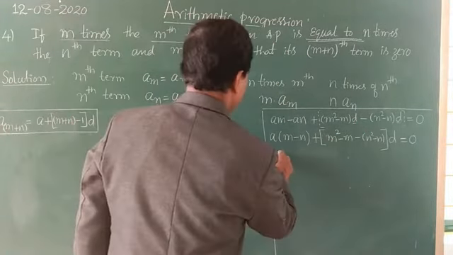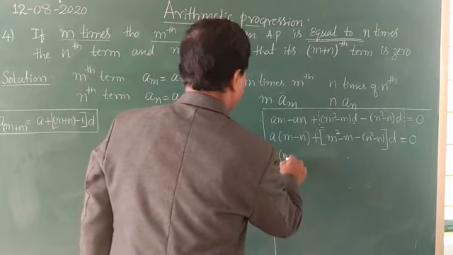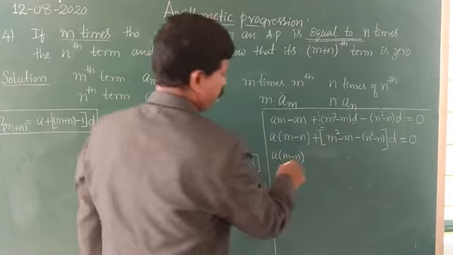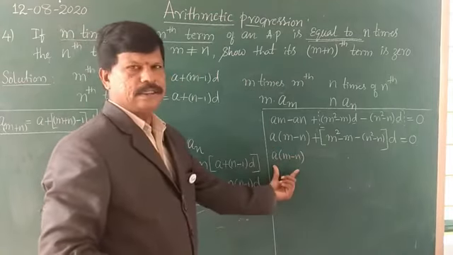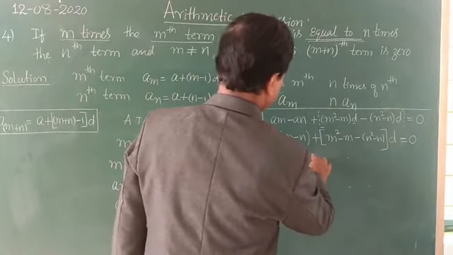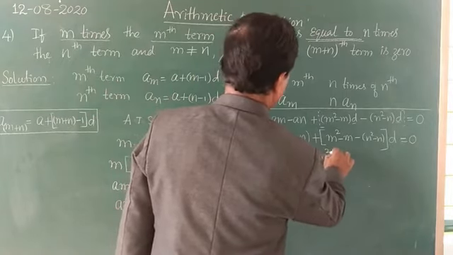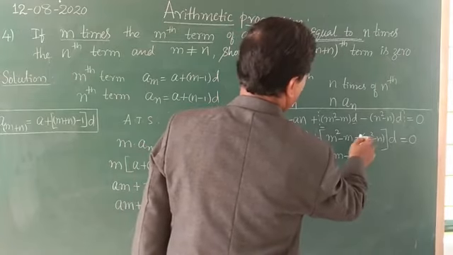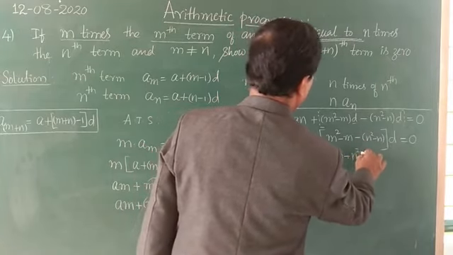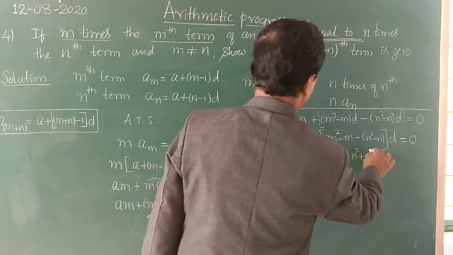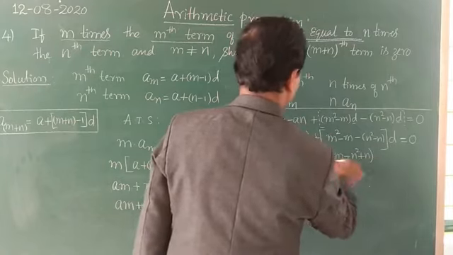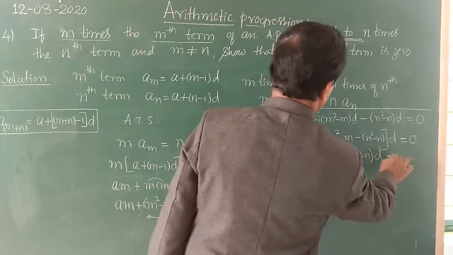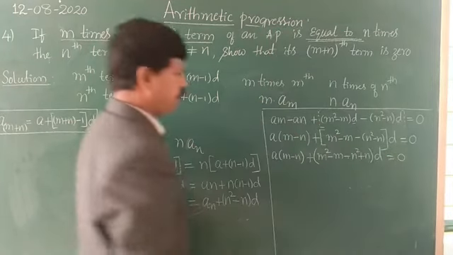Now a of m minus n, this term as it is, plus m square minus m, and multiplying by the minus, minus n square plus n into d equals 0.